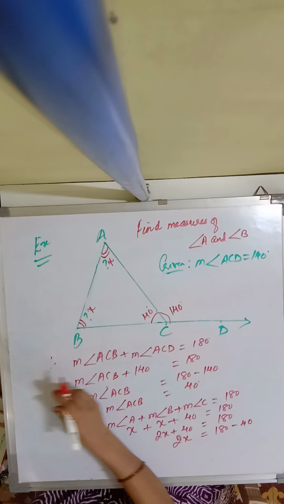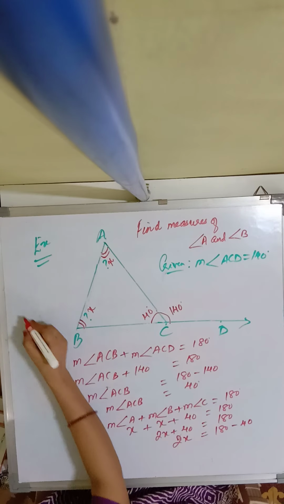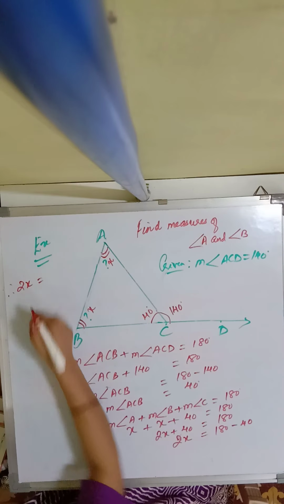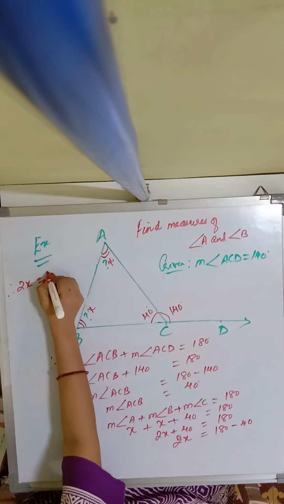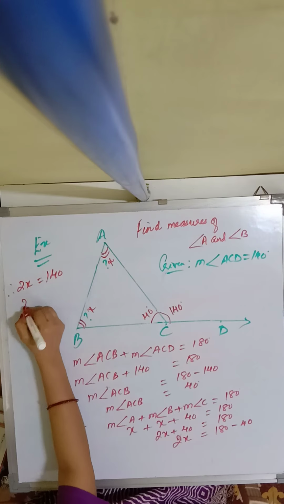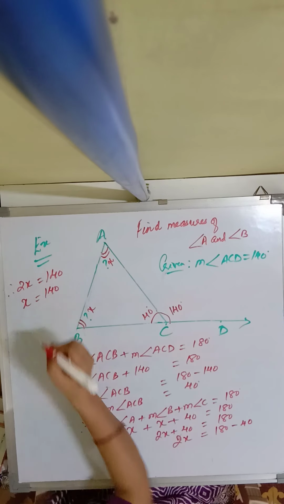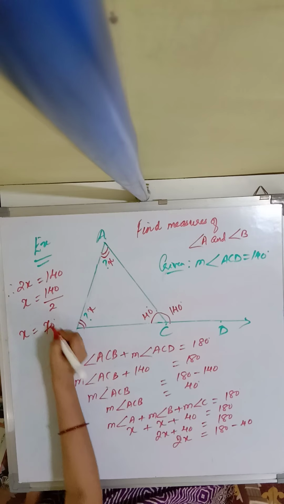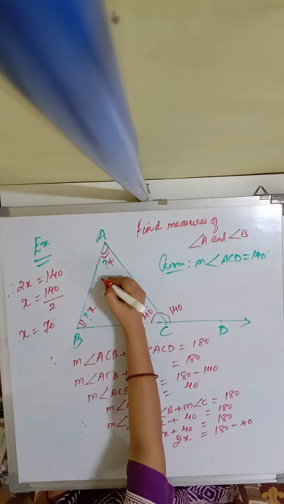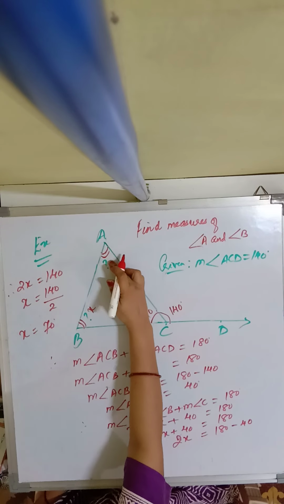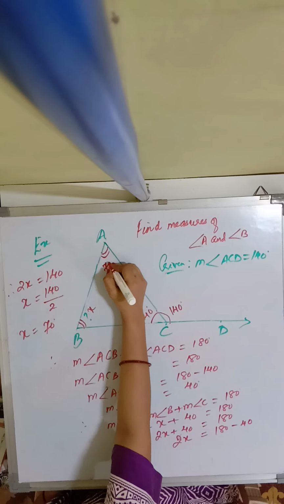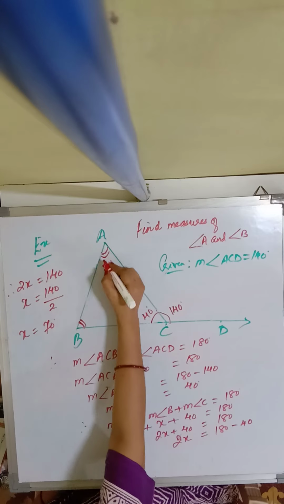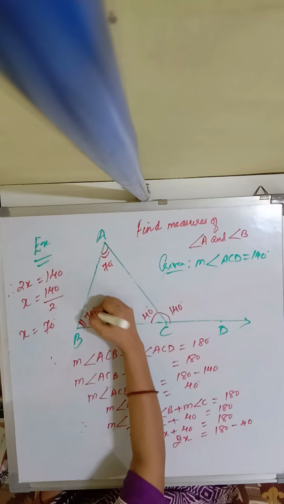Therefore now 2x is equal to 180 minus 40, so this will become 140. So x is equal to 140 upon 2, and x is equal to 70 degree. So therefore, children, we have got the measure of angle A. Your angle A will be 70 degree, and since both the angles are equal, this is also 70.